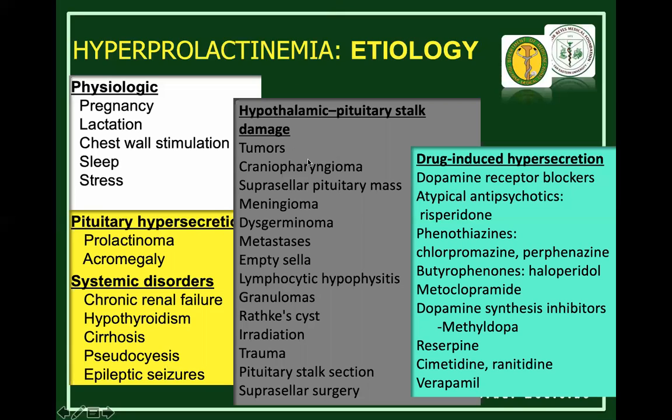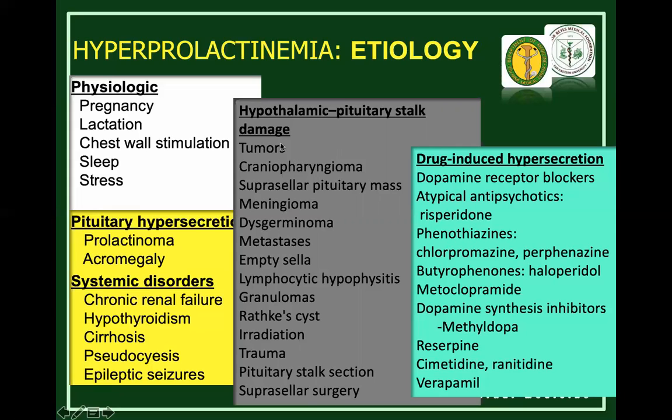Okay, so because the dopamine suppression is related to coming from your hypothalamus, then anything that can disrupt the connection between the hypothalamus and the pituitary can cause an elevation in prolactin levels.